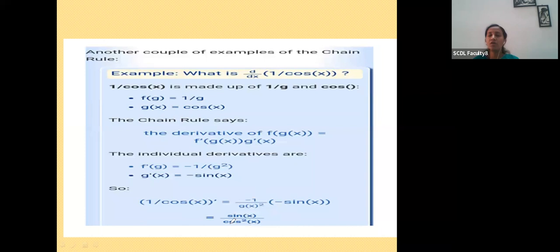We have already done all the derivatives, and we go with our last answer. Wherever we replace, put the same, g of x is cos x. So cos square x. Last answer is sin x upon cos square x. Like this way we can use the chain rule.